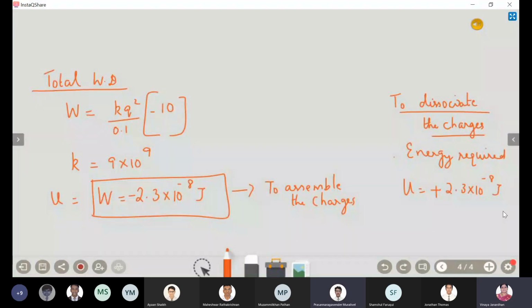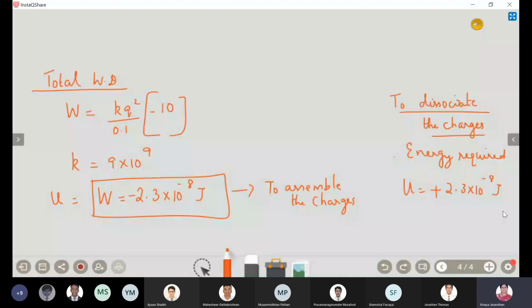Ma'am, I'm getting U negative and work as negative. No, same thing. To assemble the charges, this is it, 1.6 into 10 to the power of minus 10.